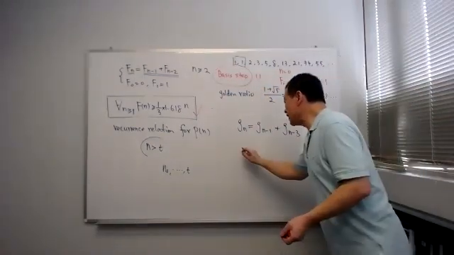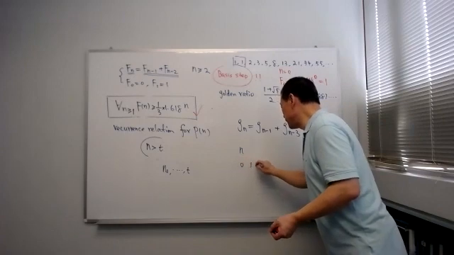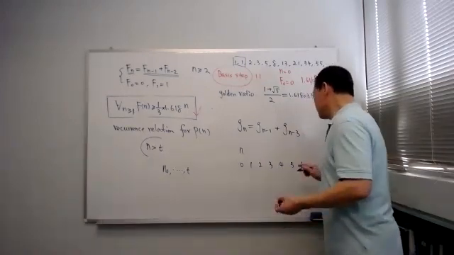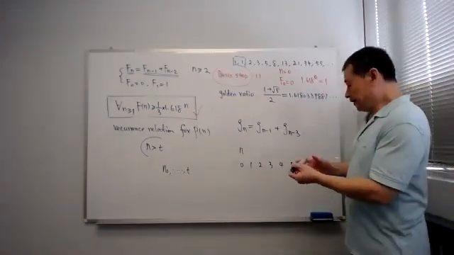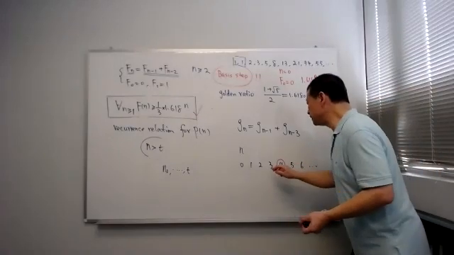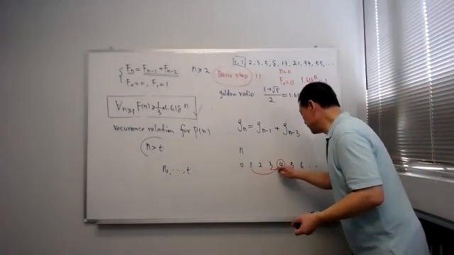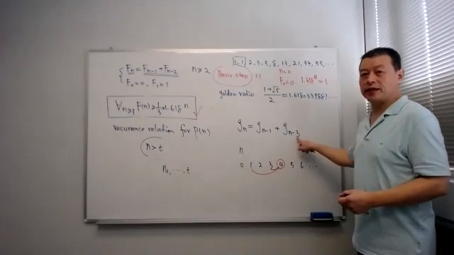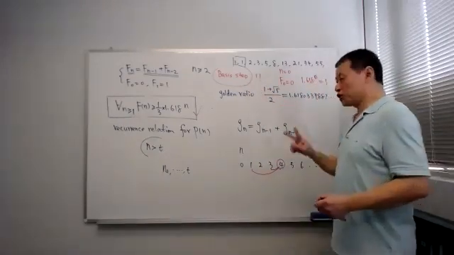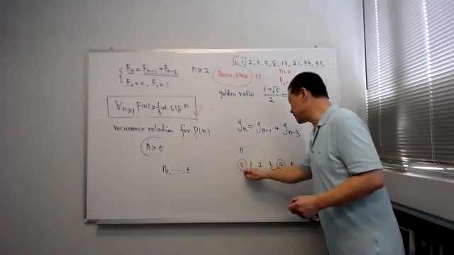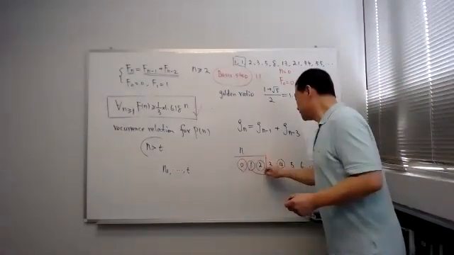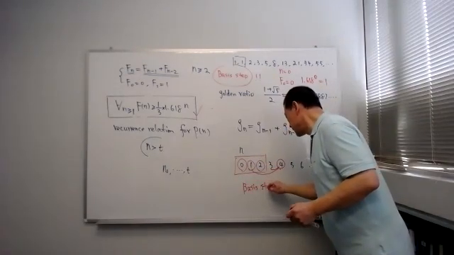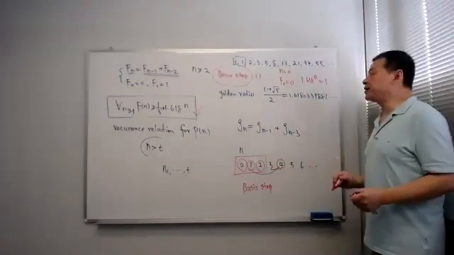I will start with n equals 0, 1, 2, 3, 4. So the value of a term here depends on this one and this one, 2 terms. But it reaches up to n-3. So in the basis step, 2 terms are not enough. We have to do it for 3 terms. So that's the basis step. Okay, so that's very important.